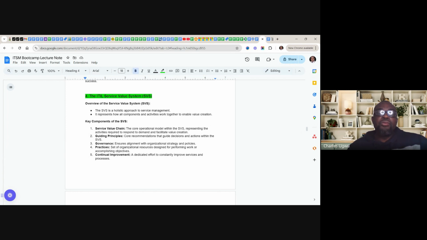The service value chain is the core operational model within the service value system, representing activities required to respond to demand and facilitate value creation. It's a chain of activities woven together that brings value to the organization through ITIL.